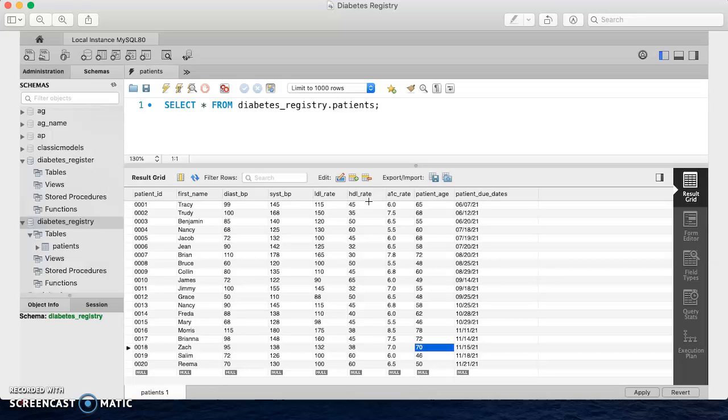Okay, so we want better outcomes. That's why we compile all these numbers here to help providers see what is going on with this patient and what can be done. For instance, Trudy has a very high systolic BP. Then when you come to Brian, it's also very, very high.